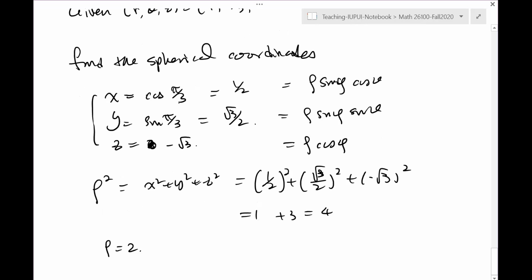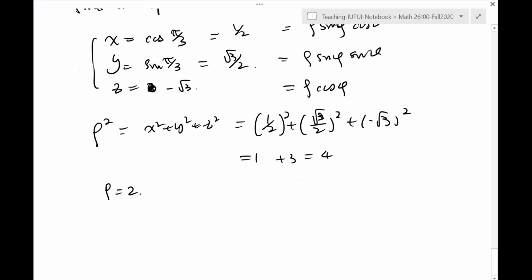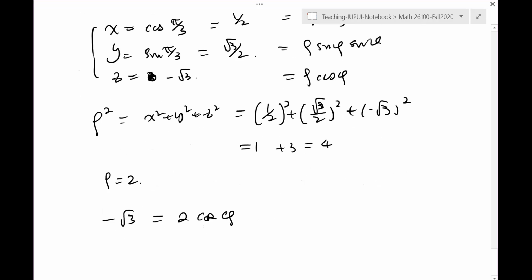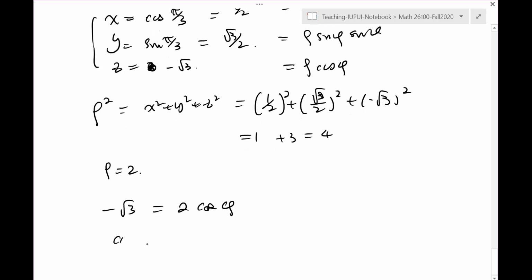Okay, so once you get 2, then you can determine phi, because by the third equation, it's 2 cosine phi, right? The third equation, that's for z. So then cosine phi is going to be negative square root of 3 over 2. And what is that phi?